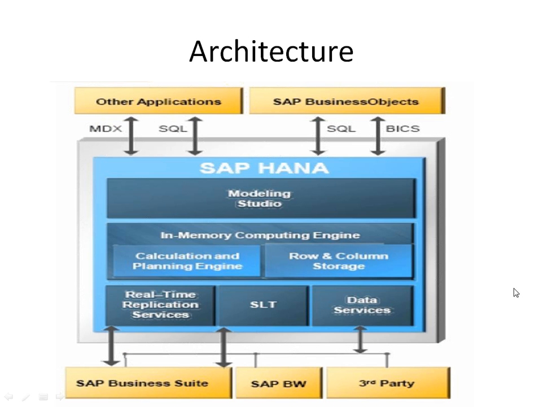The first one being the replication part, where you have real-time replication services. We also call that Sybase replication services or log-based replication services. You have the SLT, SAP's Landscape Transformation Server, and you also have data services as another mode for replication.